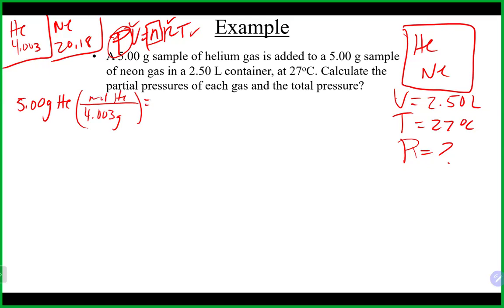Going to get us here for helium, looks like 1.25 moles. We'll do the same calculation for neon, obviously using neon's molar mass, so 20.18. And for neon here, that will get us something a little less, 0.248 moles.